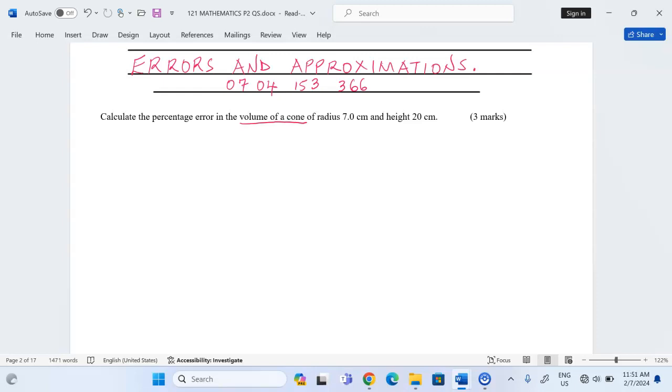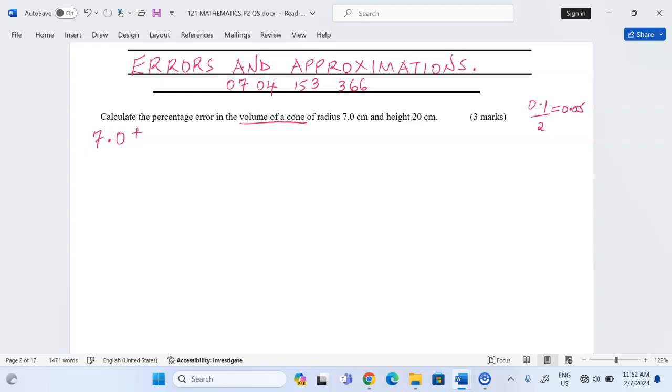So for the radius, which is 7.0, this one has been recorded to the accuracy of 1 decimal place, and therefore we say the error of recording this radius is when we take the accuracy of 0.1 and we divide it by 2, which is 0.05.